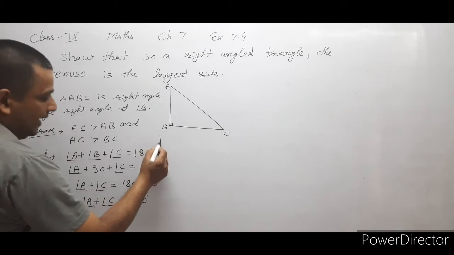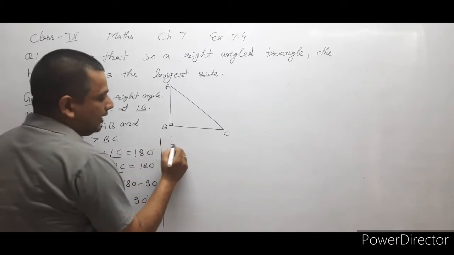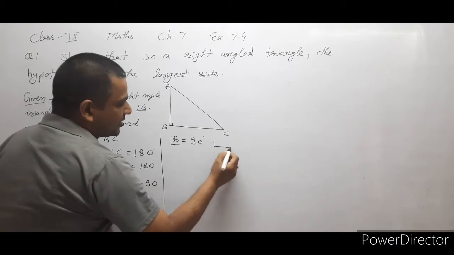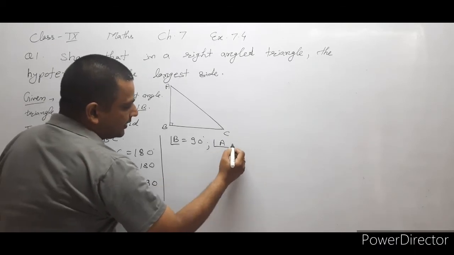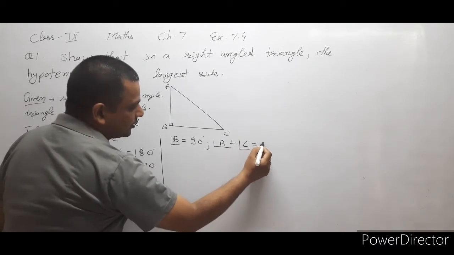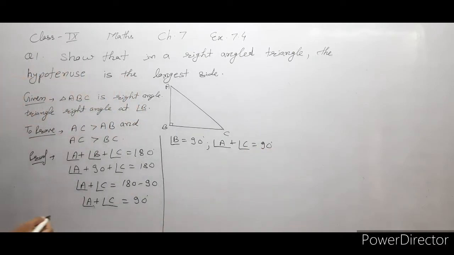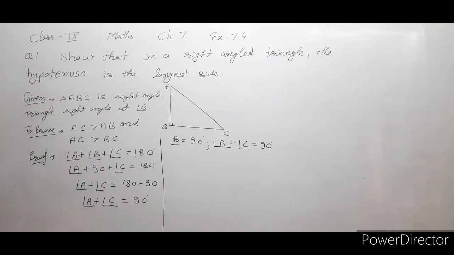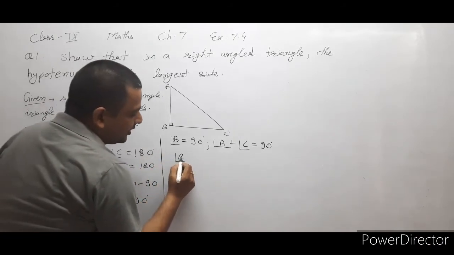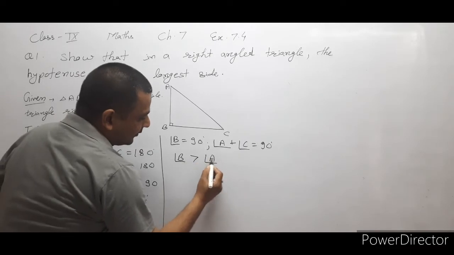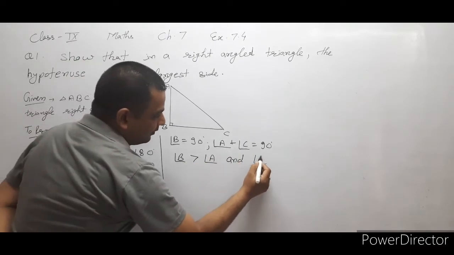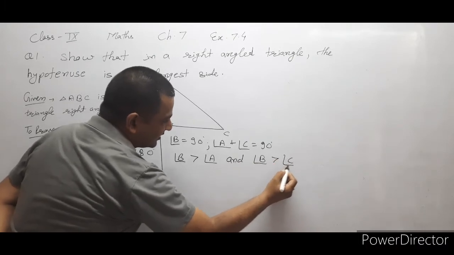It's given that angle B is equal to 90, and we calculated that angle A plus angle C is equal to 90. The sum of the two angles is 90, and this single angle is 90 degrees. That means angle B is greater than angle A and angle B is greater than angle C also.